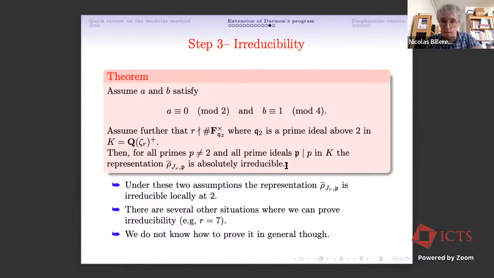R equals 7 doesn't satisfy the second assumption of this theorem, but still we can prove irreducibility as well. But unfortunately, we do not know how to prove it in general. But I'm pretty confident that if you have specific values of R, then we can certainly show that it's absolutely irreducible. But we will still have to assume that A and B satisfy these arithmetic conditions.